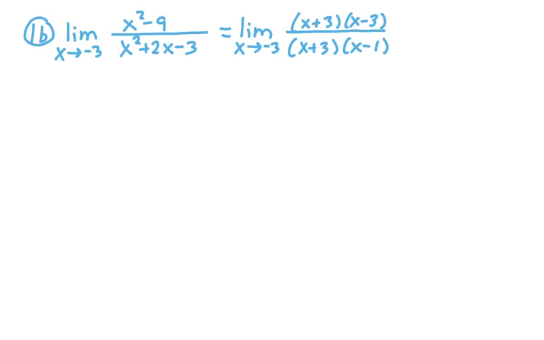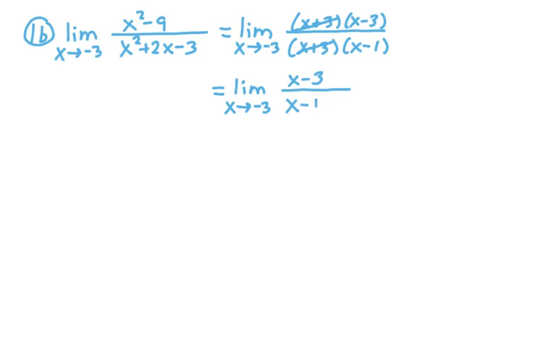Now remember, x is approaching negative 3. x does not equal negative 3, and so that's going to allow us to cancel those factors. And what we get is the limit as x approaches negative 3 of: in the numerator, x minus 3.